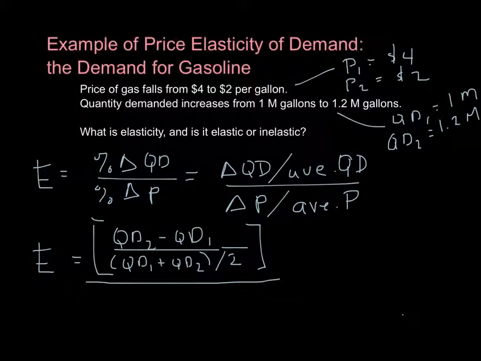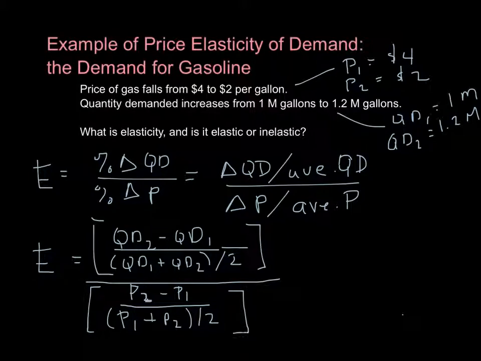So on the bottom of this, you'll have P2 minus P1 for your delta P, and that's going to be over your average P, which is P1 plus P2, divided by 2, and that is also a separate expression. So in the next step, we're going to plug our values for P1s and 2s and QD1s and 2s into this expression to get our final number.